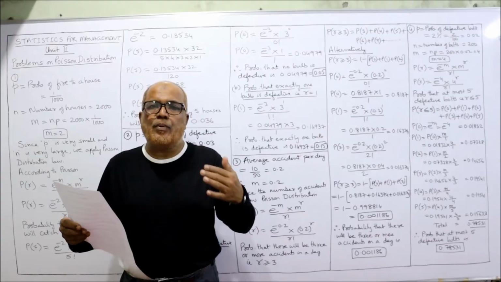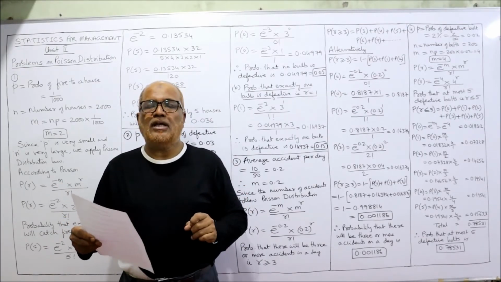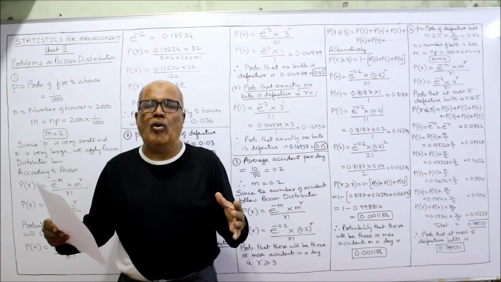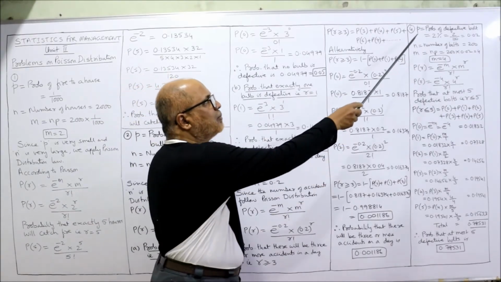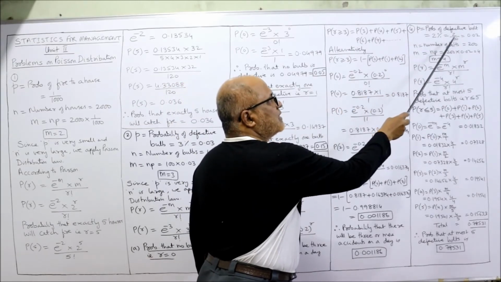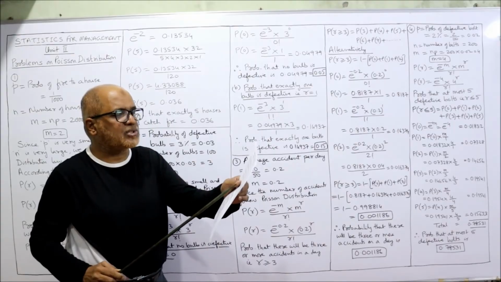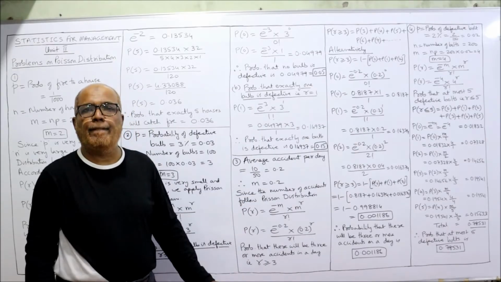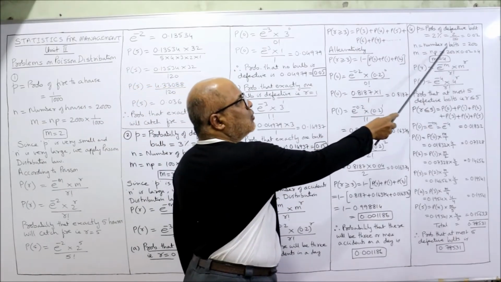Here, what is the probability of a defective bolt? 2%. That means in every 100 bolts, 2 bolts are defective. So we can take p equal to 2 by 100, 0.02. How many bolts are there in the box? Totally 200 bolts. So n is equal to 200.